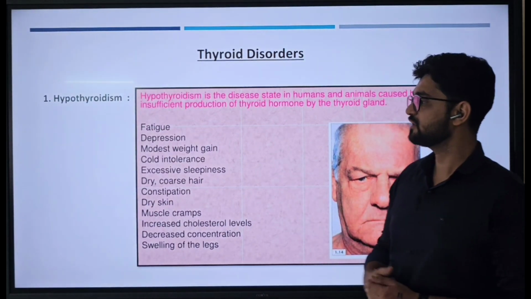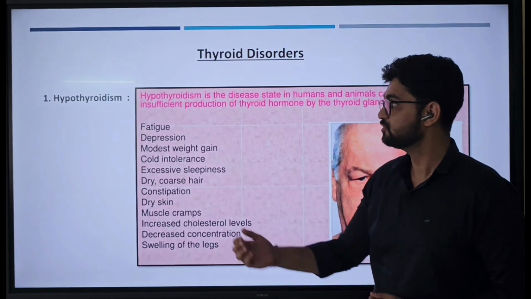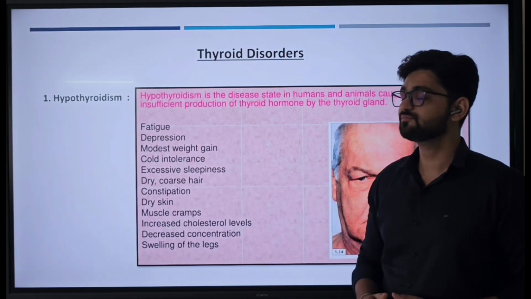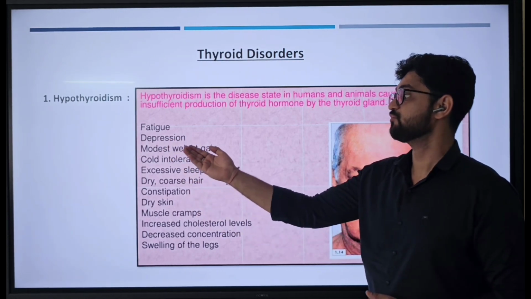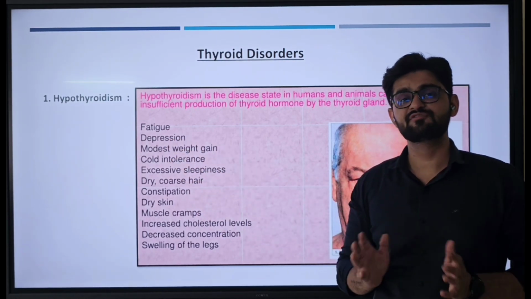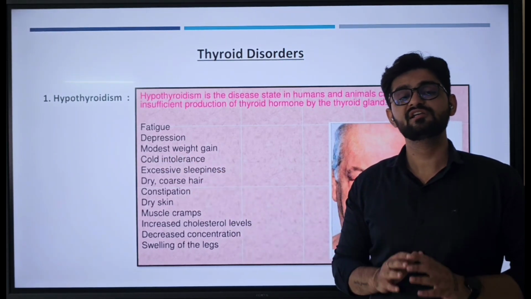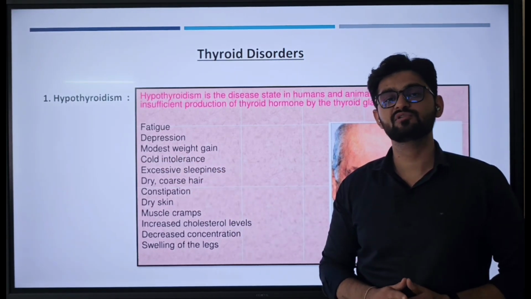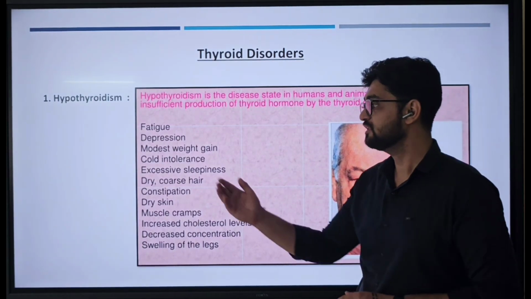So what are the clinical characteristics shown in hypothyroidism? The first one will be fatigue, that is a decrease in energy. Next is depression, with modest shift in the cholesterol metabolism. Next is cold intolerance, because a decrease in the thyroid hormones leads to an imbalance in normal energy metabolism as well as thermal stress.